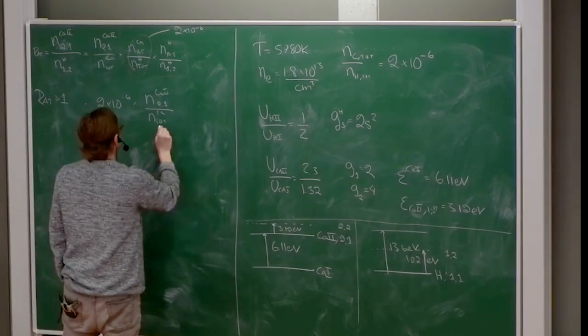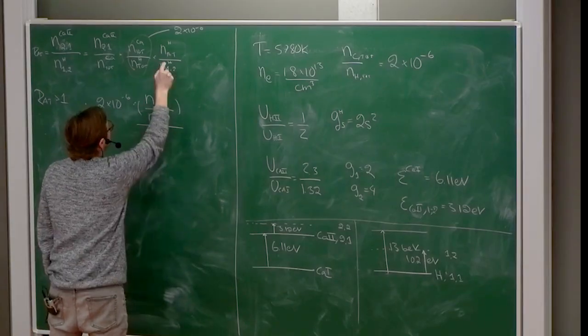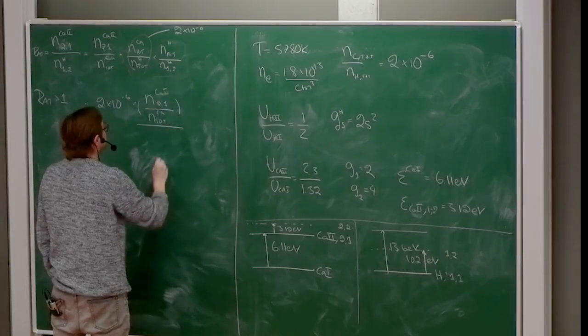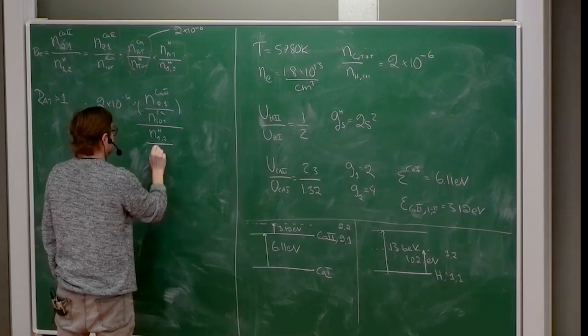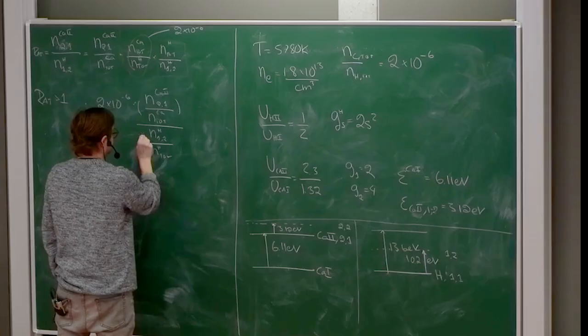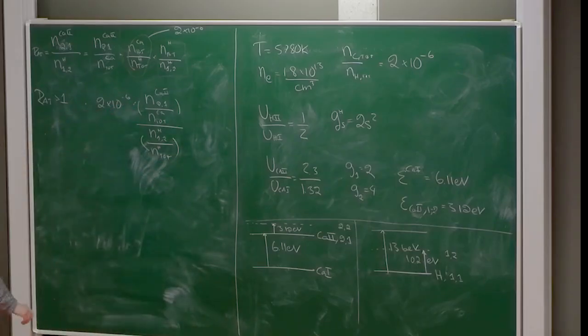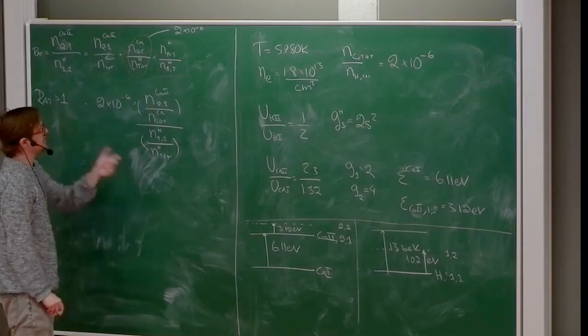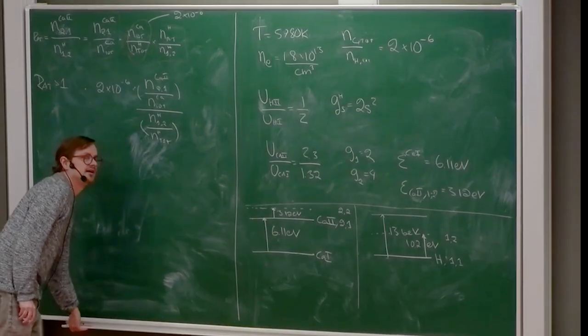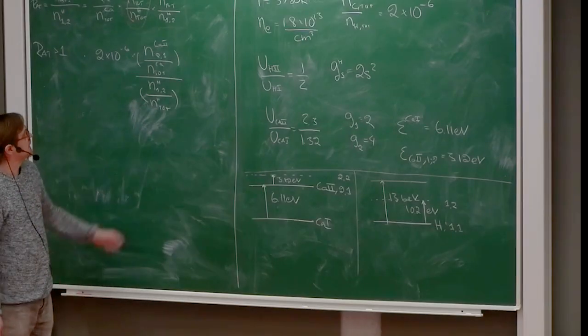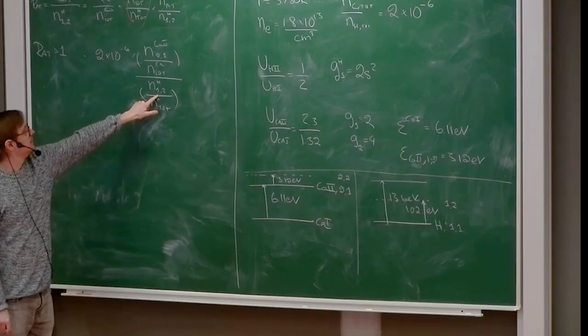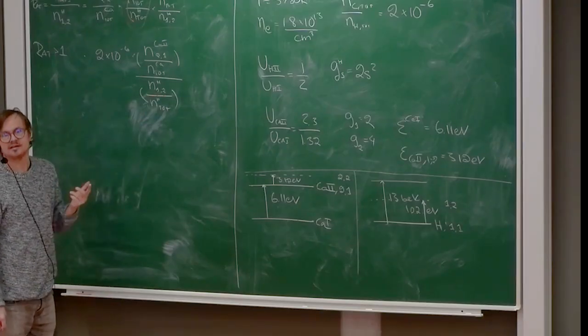And then we can just put this downstairs. So that's just N_{1,2} of H divided by N total of H. So that actually has to be higher than 10 to the minus 6. So the relative fraction of calcium atoms in the ground state of the first ionization state has to be more than 1,000,000 times the relative fraction of hydrogen atoms in the first excited neutral state.